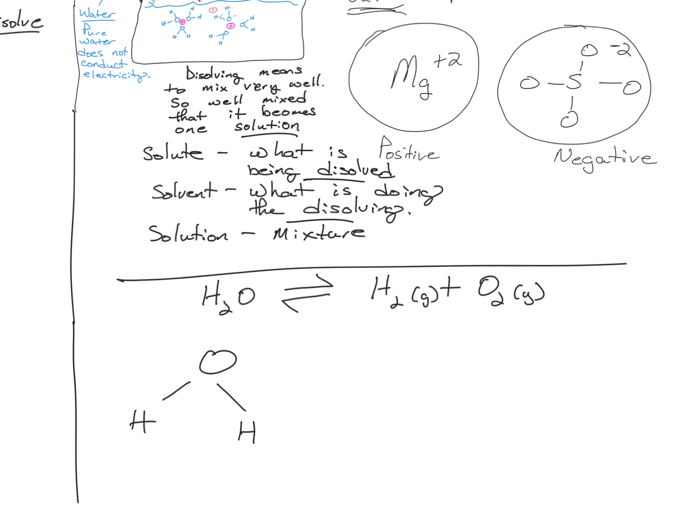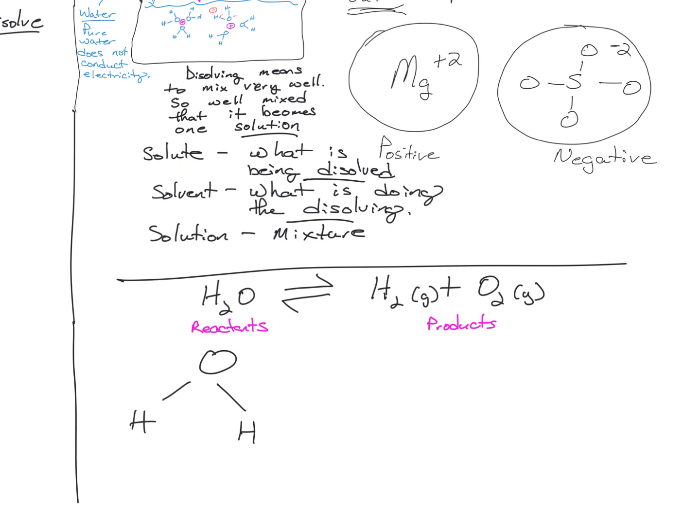Now, the first law of thermodynamics tells us, again, part of what we had discussed earlier, that what we end up with, the products, has to be the same stuff as the reactants.